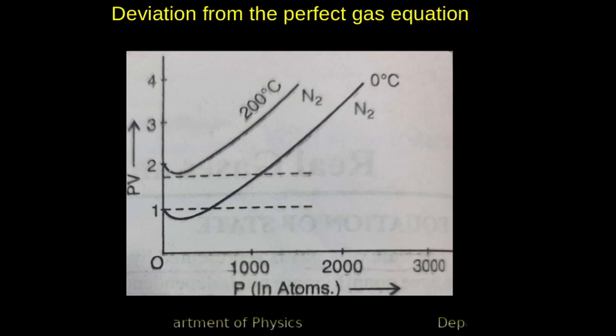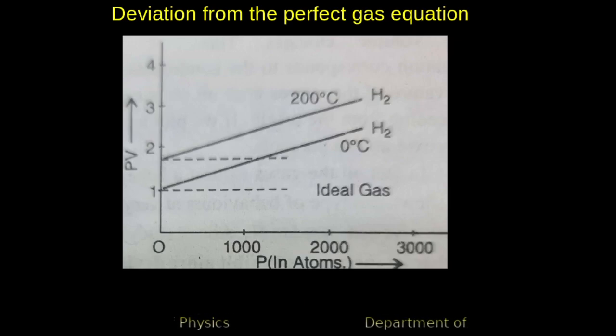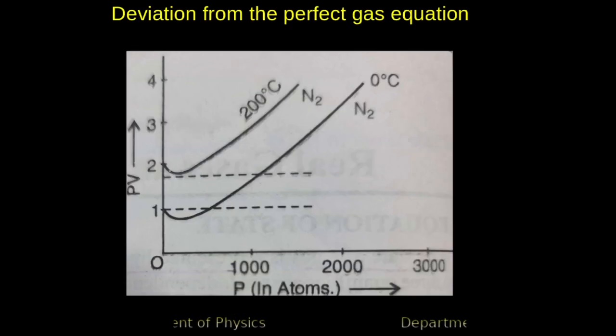For hydrogen, the product PV increases with increase in pressure on this slide. On the other hand, for nitrogen gas, with increase in P, the product PV first decreases.